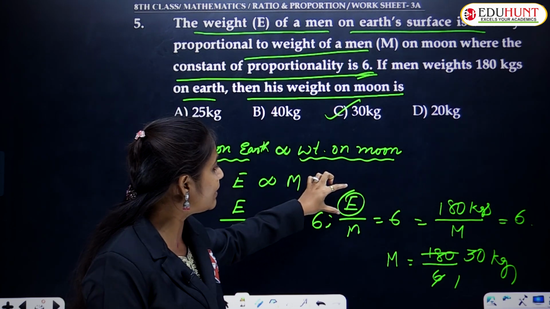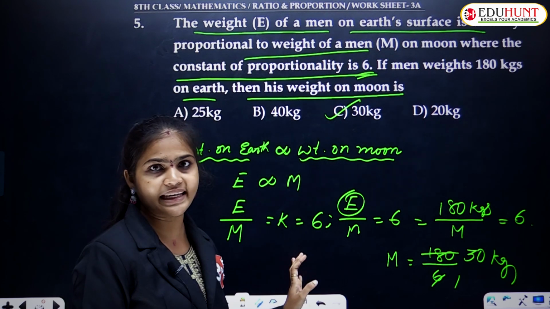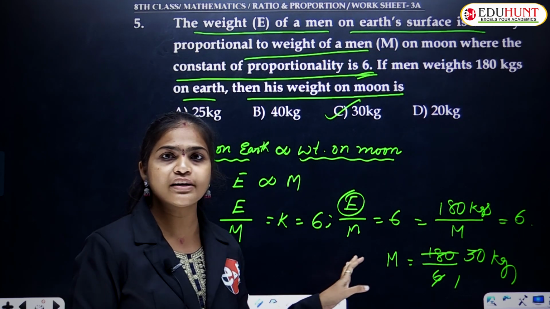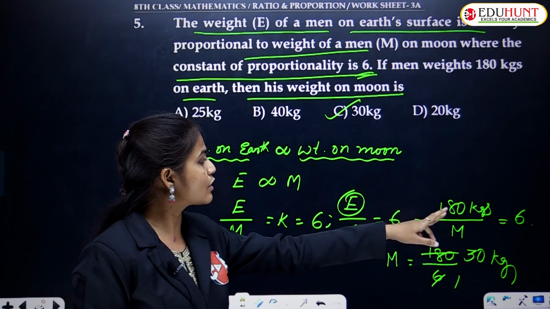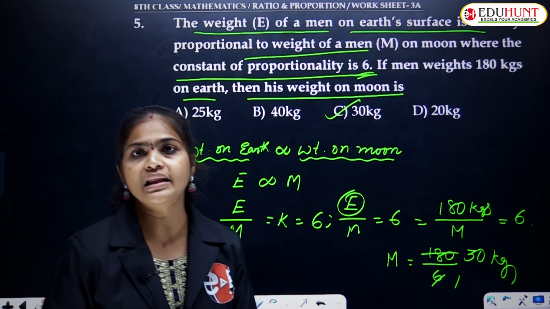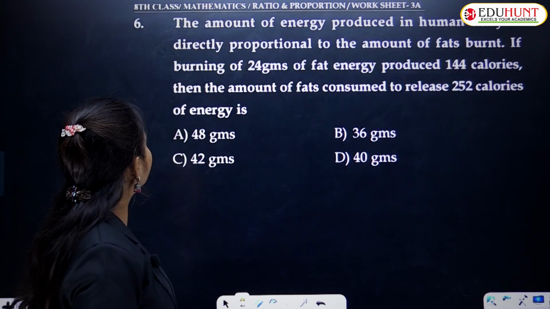The weight of the person on Earth is 180 kgs, and M, the person's weight on moon, we need to find out. M is equal to 180 by 6, which is 30 kgs. Understand? So let us see the next one.